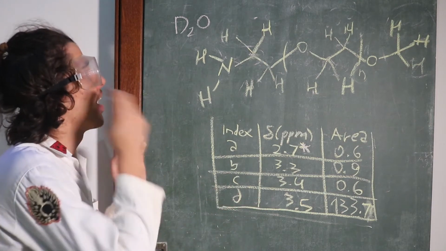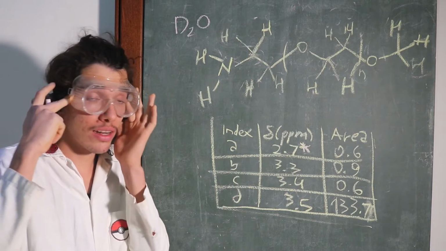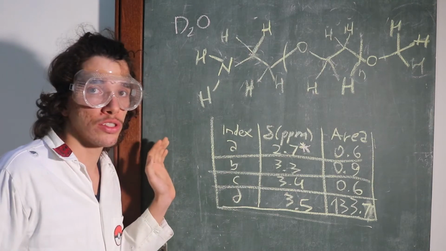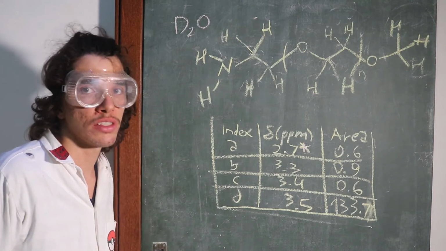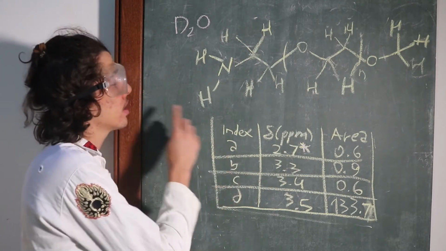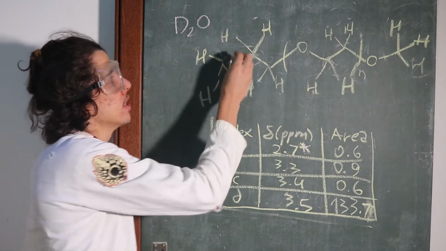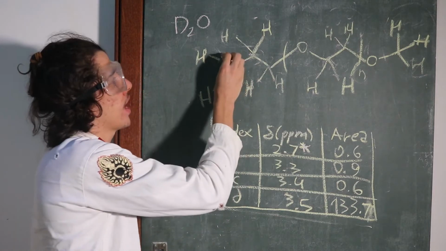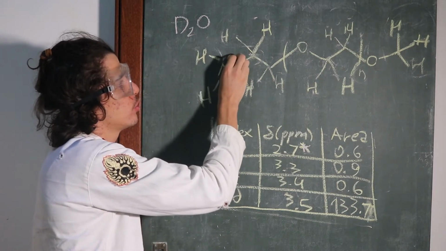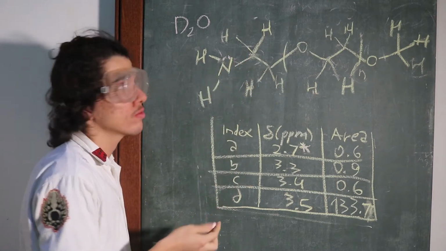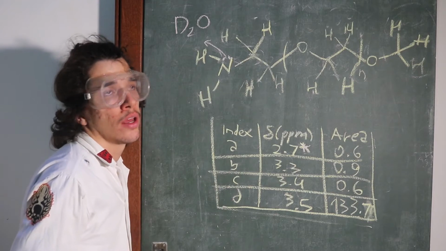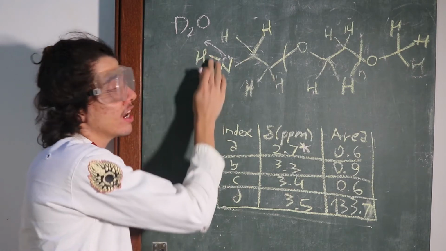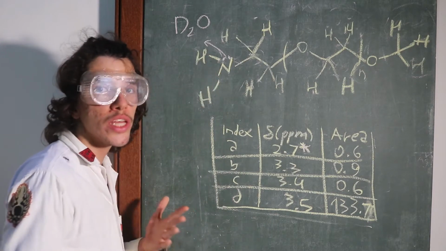So let's get started. Using this information, we can already know which hydrogens are from this signal, because think with me. The nitrogen has this pair of electrons that it can use to attack other molecules, and then these hydrogens can switch.